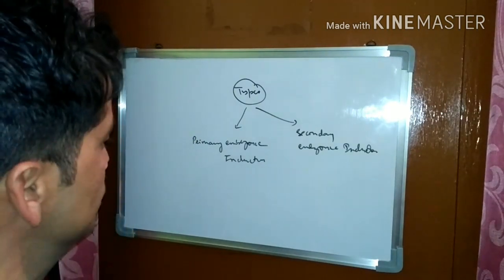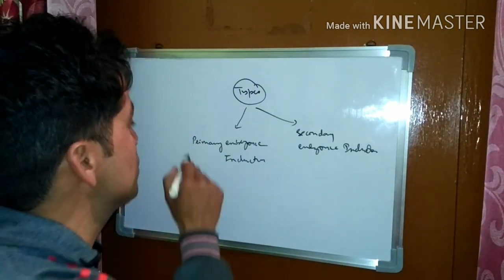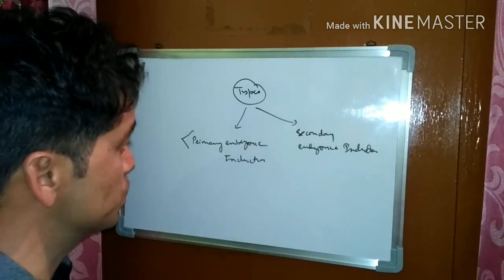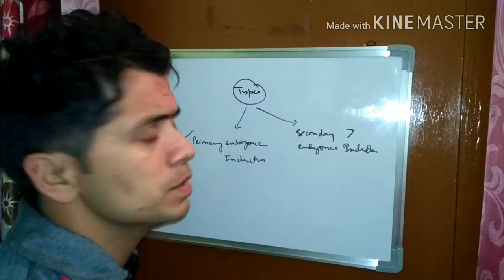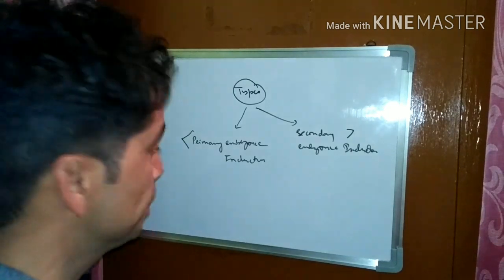Primary embryonic induction is the fundamental process. It occurs first, in blastogenesis and gastrogenesis, and continues during organogenesis, also after the delivery.